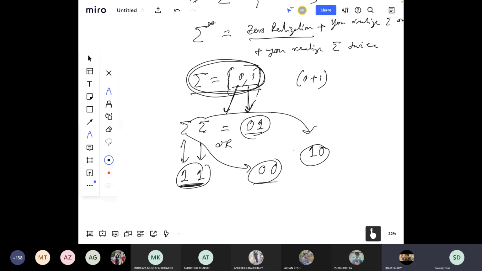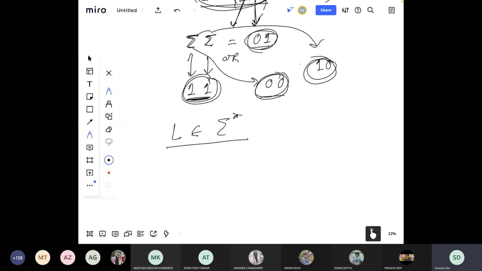So if L is such a set, then you define the Kleene star operation as a union of realizations of L. It may start with 0 realization, and it may go up to infinity.